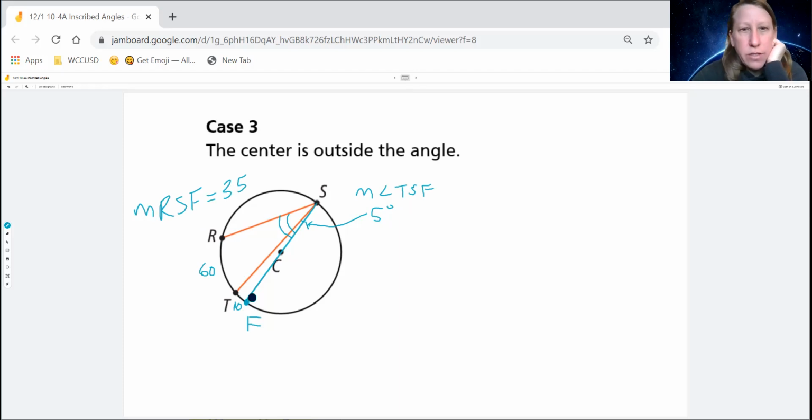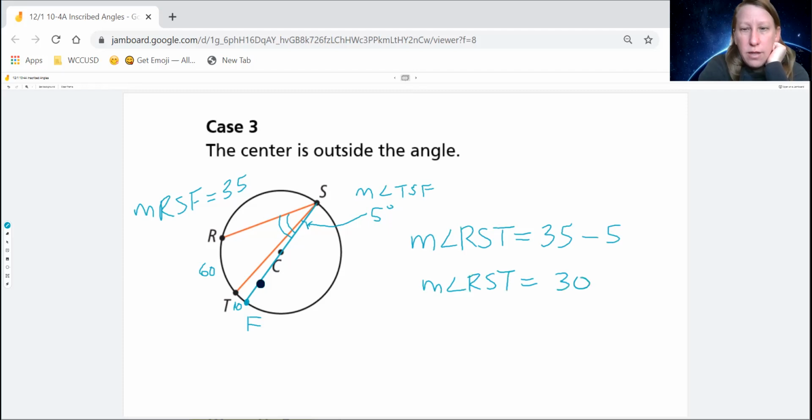Now the question is, what's the measure of angle RST? That's the one we actually want. So the way to think through this problem is that it's going to be the whole thing, 35, minus the little piece that we don't want, because this part is actually not part of our red angle, right? So we're going to subtract it off. So, hey guys, what's 35 minus 5?